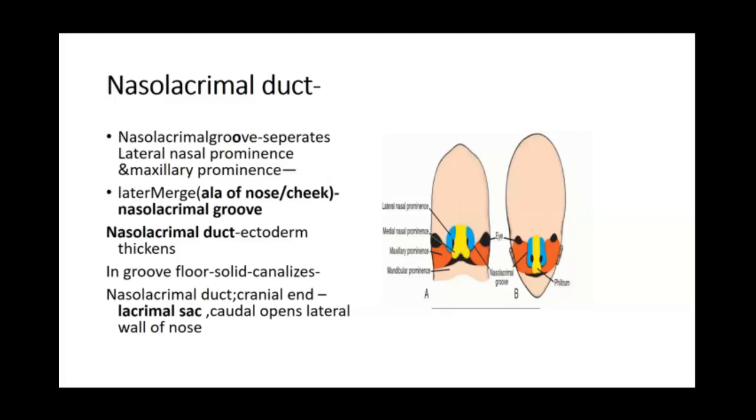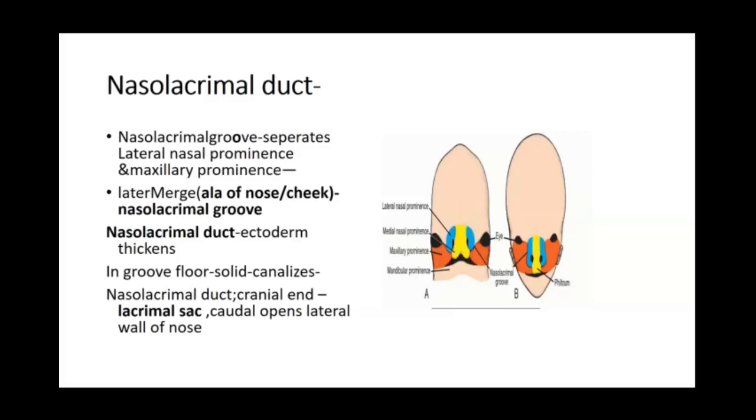This then canalizes, and this is the nasolacrimal duct, and the surface ectoderm is going to cover it and close the upper surface, and the mesenchyme below is going to close the solid canal which is there. It canalizes, that means that it becomes a lumen. This nasolacrimal duct is going to link up with the cranial end, the eye, that is the lacrimal sac, and the caudal end opens in the lateral wall of the nose.